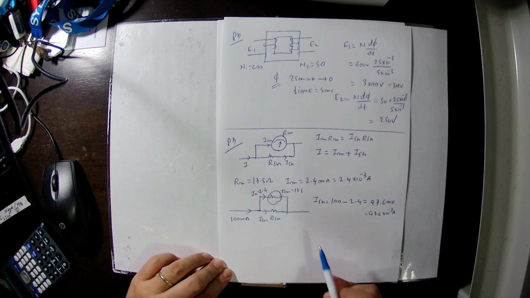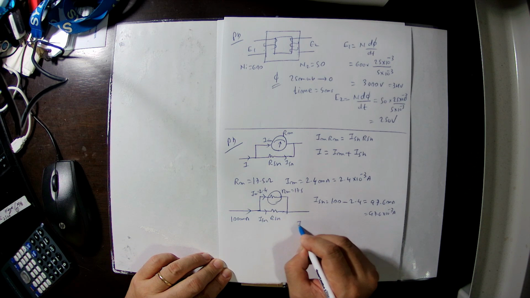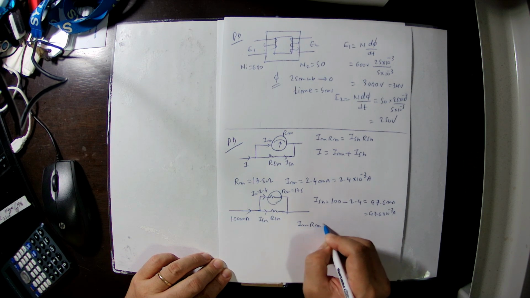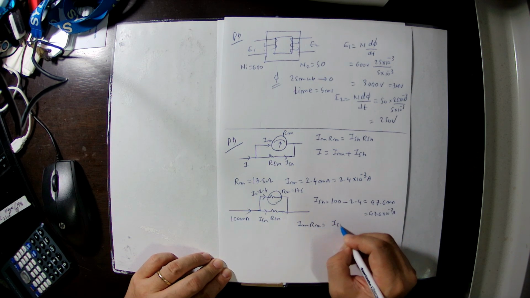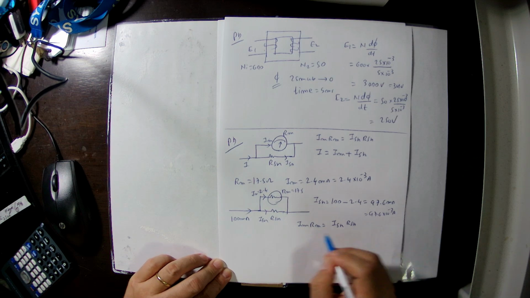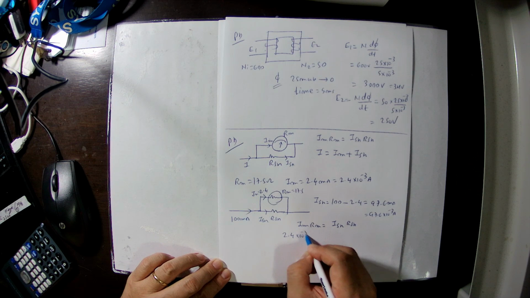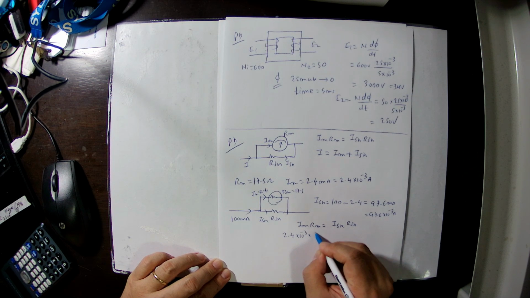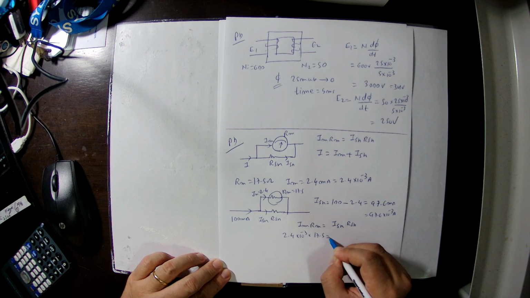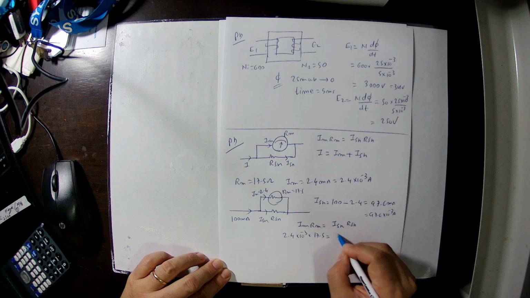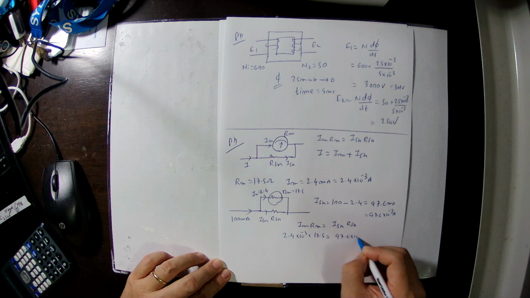The meter voltage is IM into RM, the shunt voltage is ISH into RSH. IM is 2.4 into 10 power minus 3, RM is 17.5 ohm, ISH is 97.6 into 10 power minus 3.